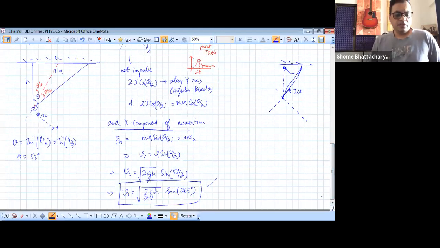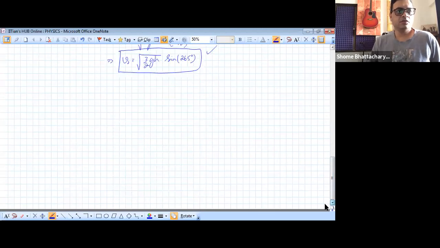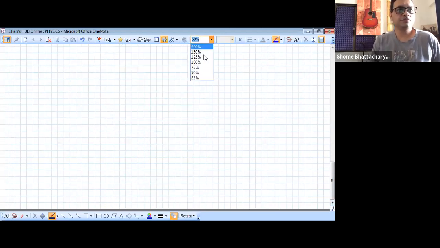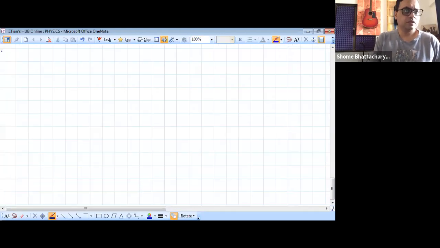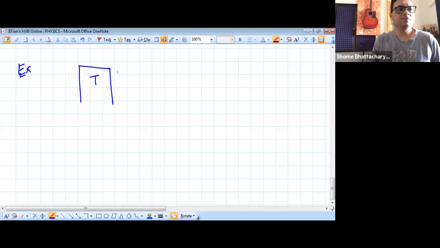Right, now coming to that question related to that heat pump. So this was the question: you have some kind of a building, the inside temperature is T, the outside temperature is some T naught, and it's radiating heat, so it's also losing heat.